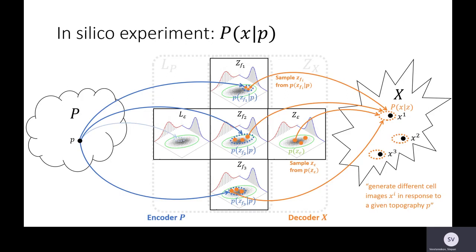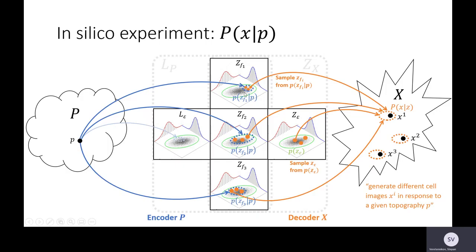So what happens? We pass this point P from the space P to the encoder P, and as a result we get some regions in the latent space LP. So we get some region in the space L epsilon, but we are not very much interested in it.